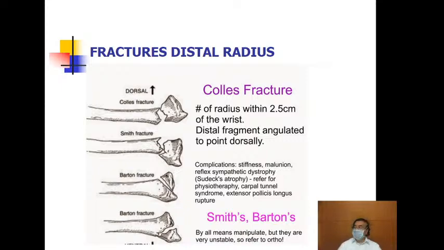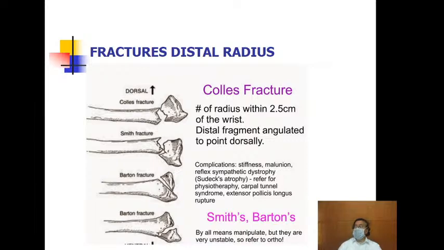So fractures of the distal radius come in different types, shapes, and sizes, and among them, Colles fracture is the most important one because it's the most common fracture, and it's commonly mismanaged, which leads to a lot of malunions and a lot of deformities around the wrist joint.